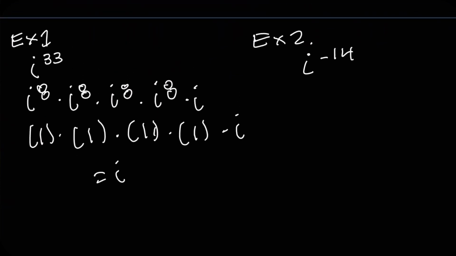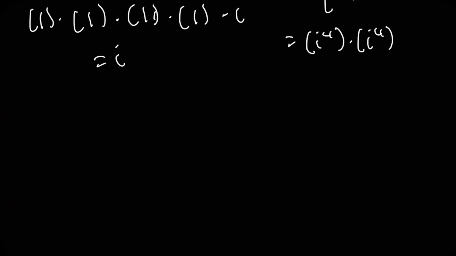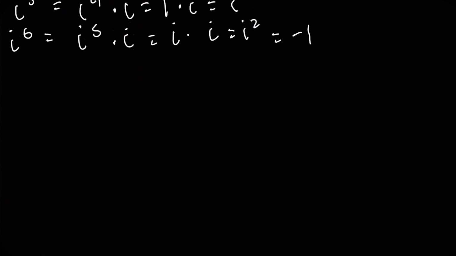Okay, how about if we throw in a negative here? Well, i to the negative 14 can be simplified like this. We could just say that is 1 divided by i to the 14, and then go from there. So for this one, let's just say i to the fourth times i to the fourth, and then i to the fourth and then i to the second. And i to the fourth, let's see what that was.